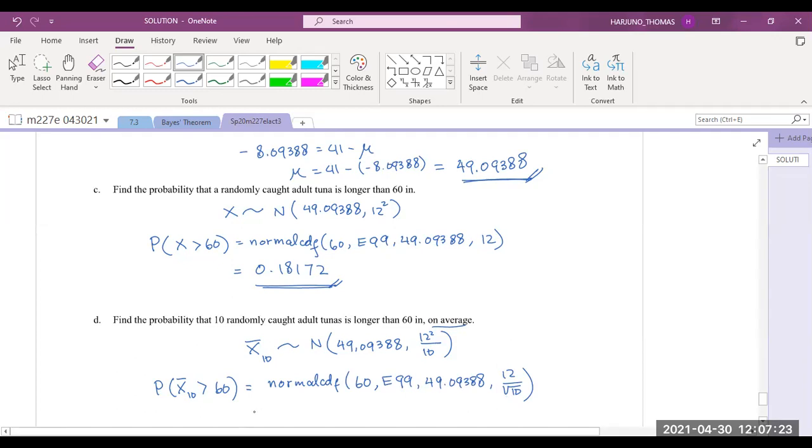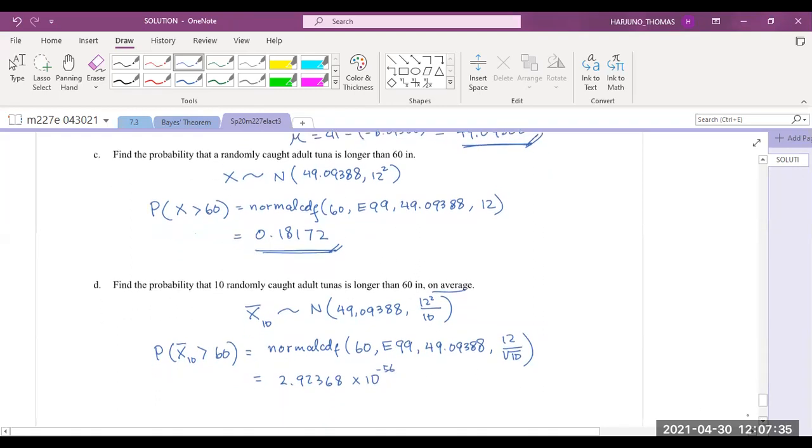And I get that's practically 0. I get 2.92368 times 10 to the negative 56. Oh, I'm sorry, no. I typed it wrong. Totally wrong. I need to type it again. 60 and then E99.